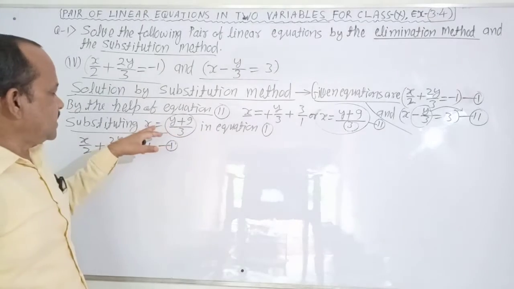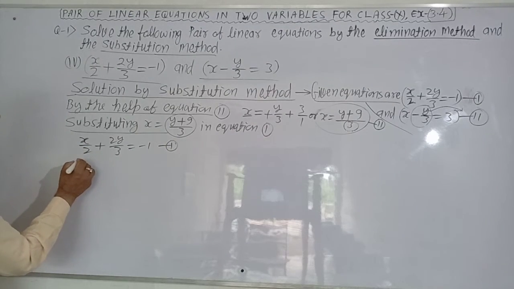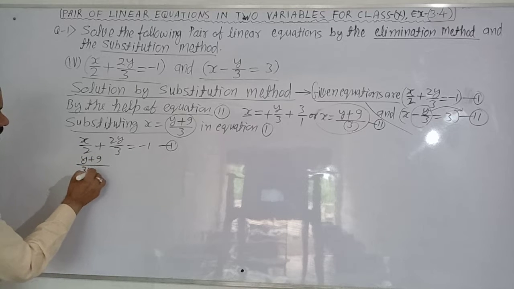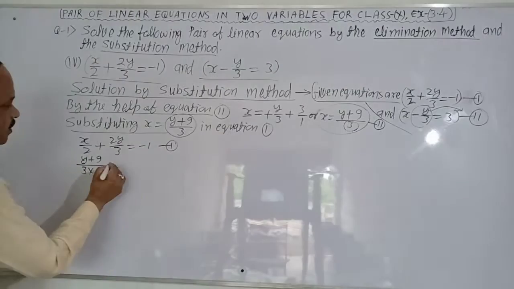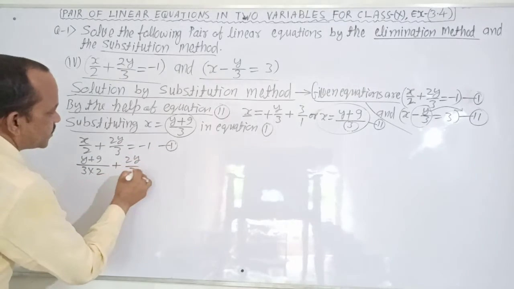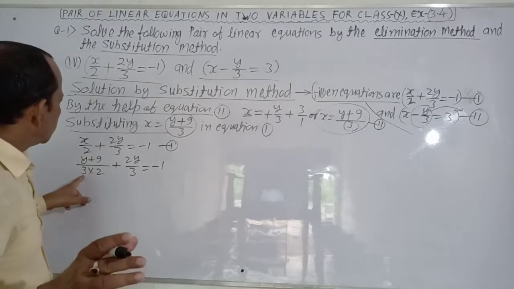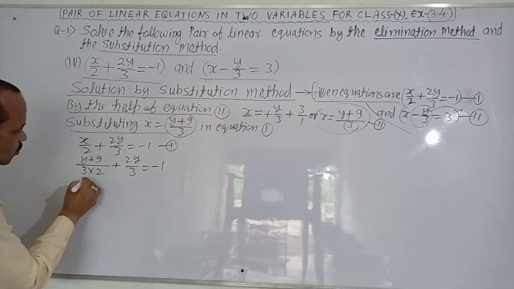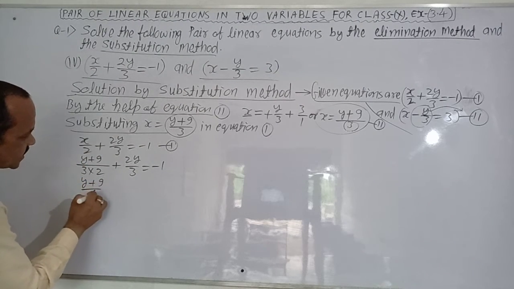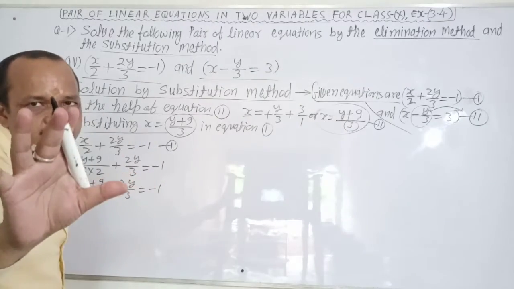Here x equal to y plus 9 by 3, so you can write y plus 9 by 3 multiply 2, because here 2, plus 2y by 3 equal to minus 1. Here 2 threes are 6. y plus 9 by 6 plus 2y by 3 equal to minus 1.